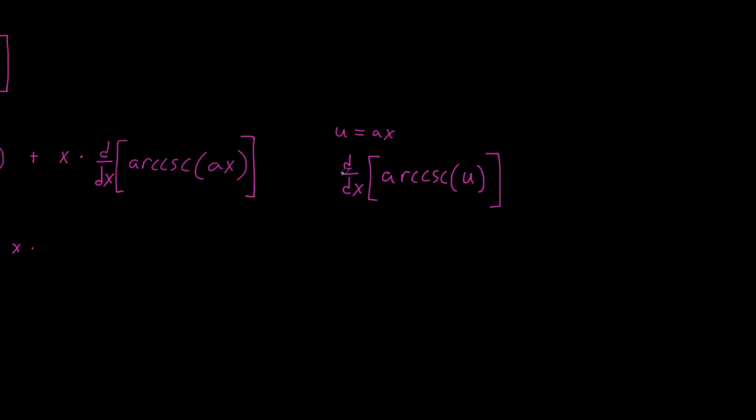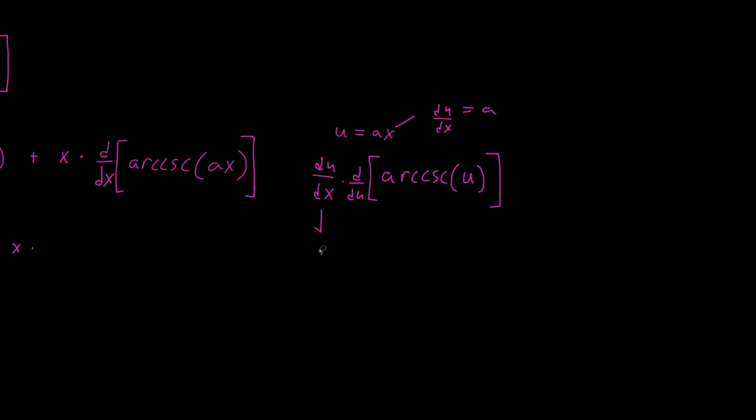And then we're going to want to use chain rule here, because we have a function in terms of u and we're differentiating with respect to x. So using chain rule, we get du/dx times d/du of arc cosecant of u. The derivative of u with respect to x is just going to be equal to a.